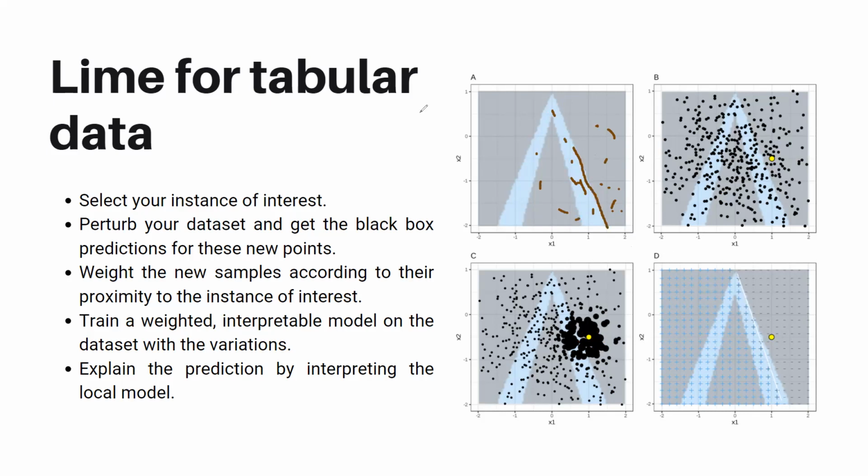We don't see this boundary in real life, but by sampling random points and accessing the predictions that the model is making, we get an idea of where this decision boundary is, and we estimate it using linear regression or logistic regression. Okay, I see. Nice.